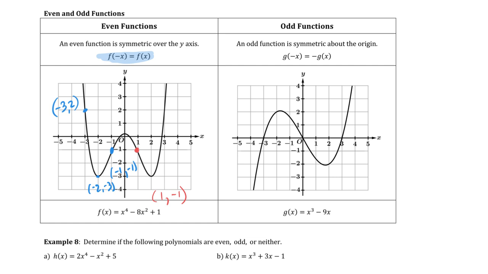The second one, -2, would change to 2, but the y would not change. I'm right there. I'm on the graph. And my last one, the -3 would change, the y would not change, and there I am on the graph. All of those points lined up. It is symmetric across the y-axis. That's what makes it an even function.